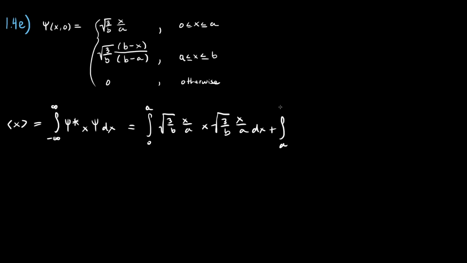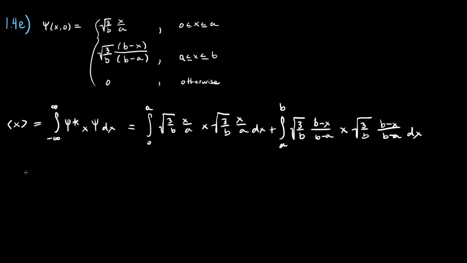And then from the interval from a to b, it is the square root of 3 over b, (b minus x)/(b minus a), times x, square root of 3 over b, (b minus x)/(b minus a), dx.